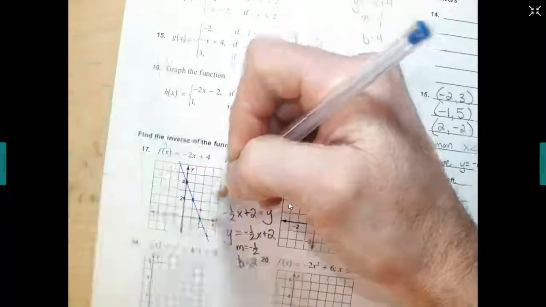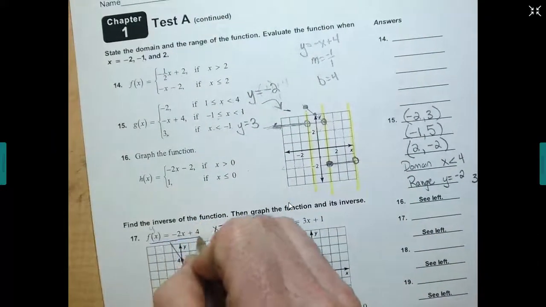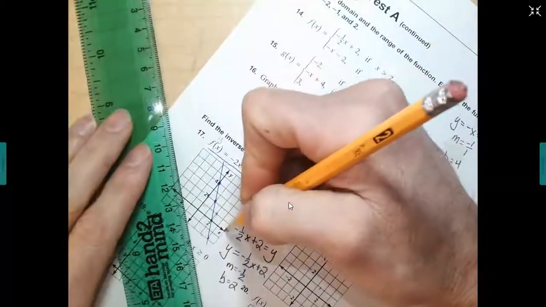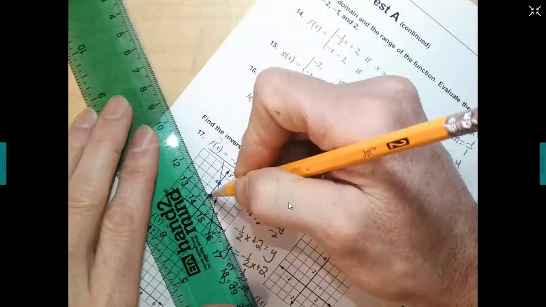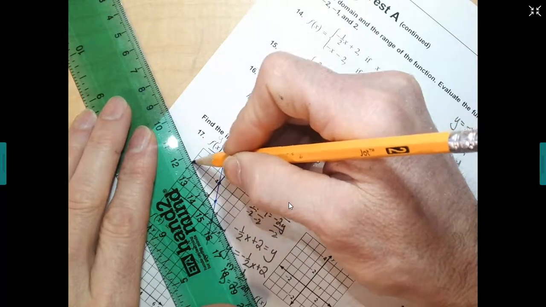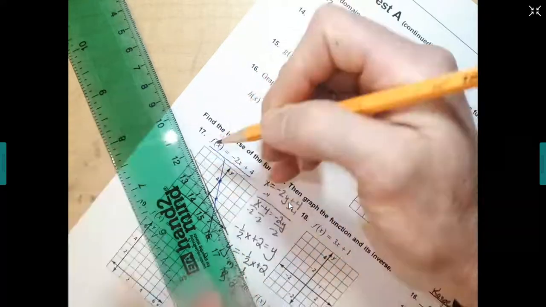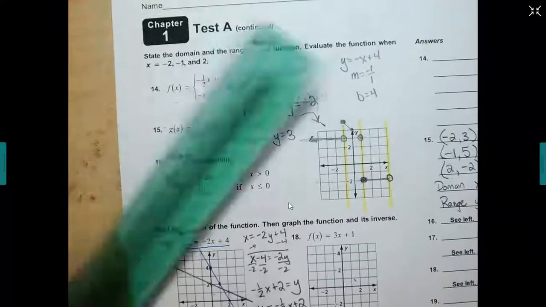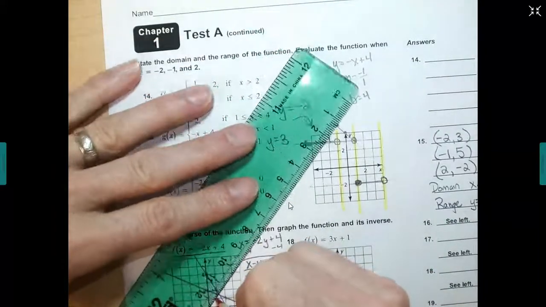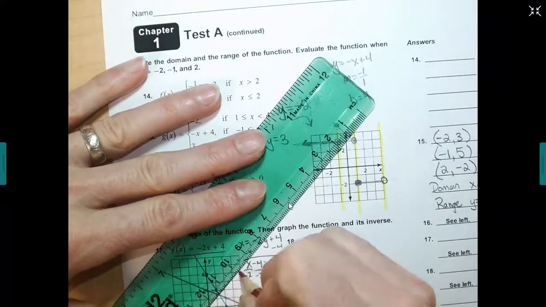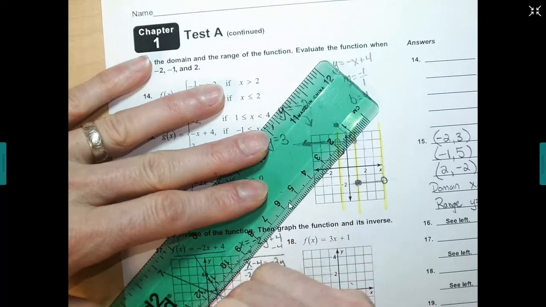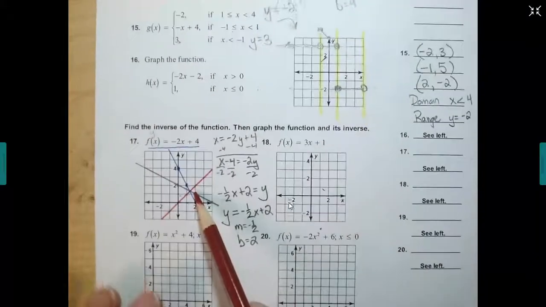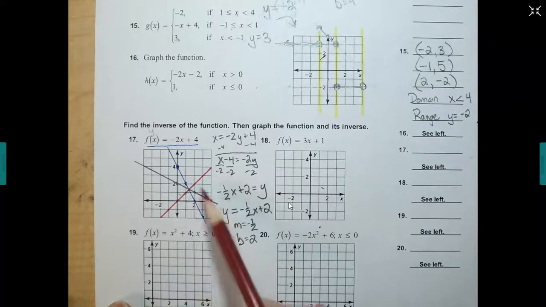There's my regular line. That's this one. And then my inverse is this one. That's my inverse. And if you remember, it's always reflected off of y equals x. So this point is reflected in this point, and this point in this point.